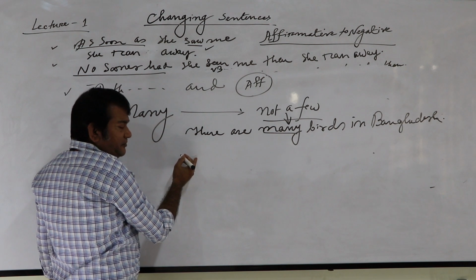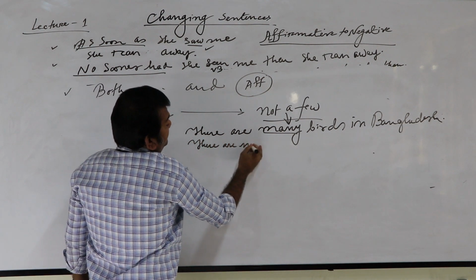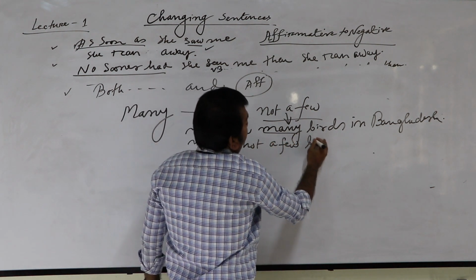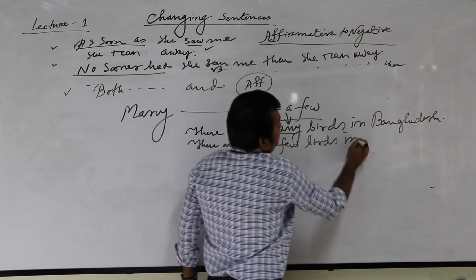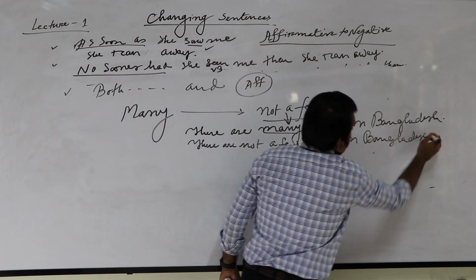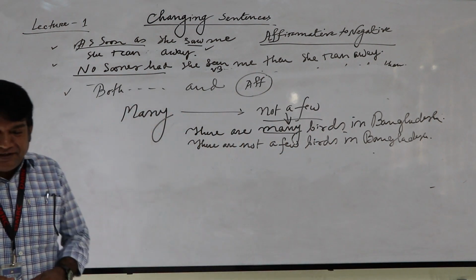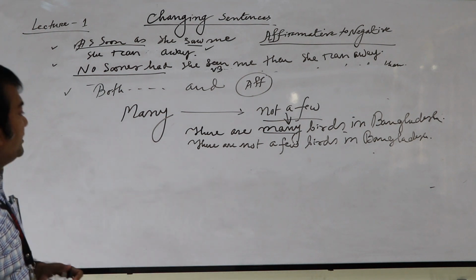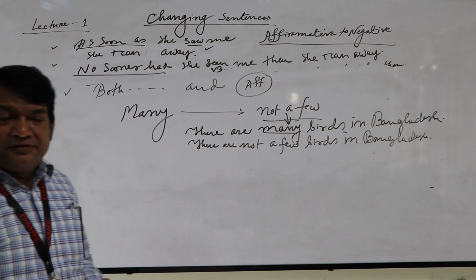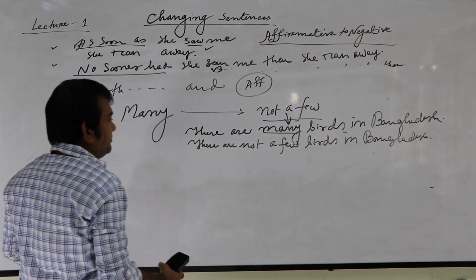So the sentence will be, there are not a few birds in Bangladesh. Clear? So if the affirmative sentence has many, we must follow this rule. Many should be replaced by using not a few.